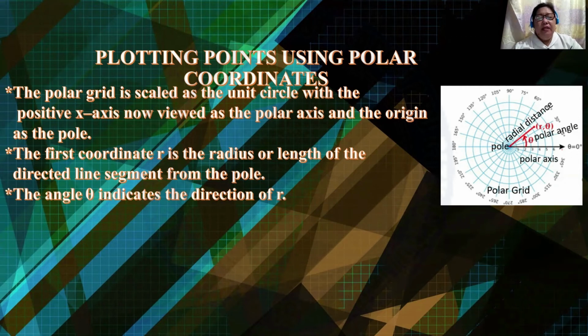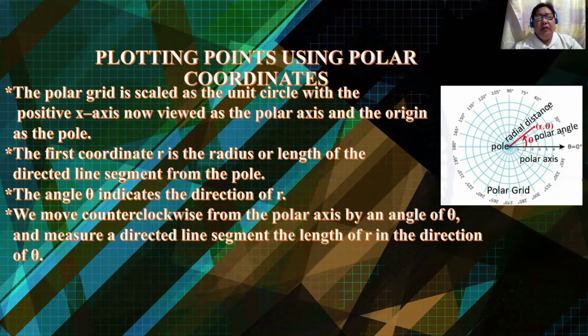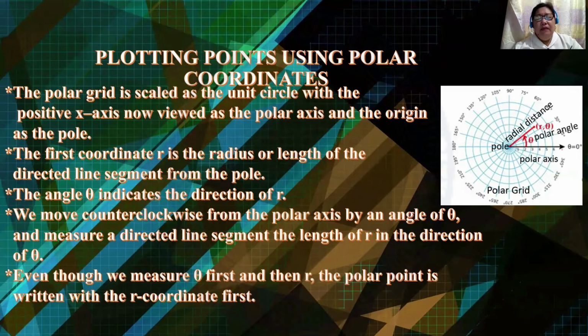The angle theta indicates the direction of r. We move counterclockwise from the polar axis by an angle of theta and measure a directed line segment the length of r in the direction of theta. Even though we measure theta first and then r, the polar point is written with the r coordinate first.